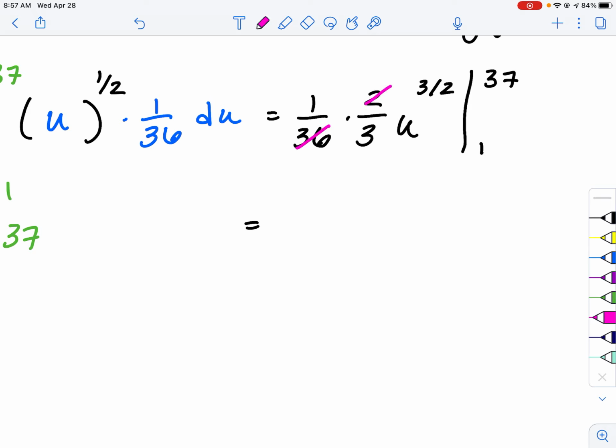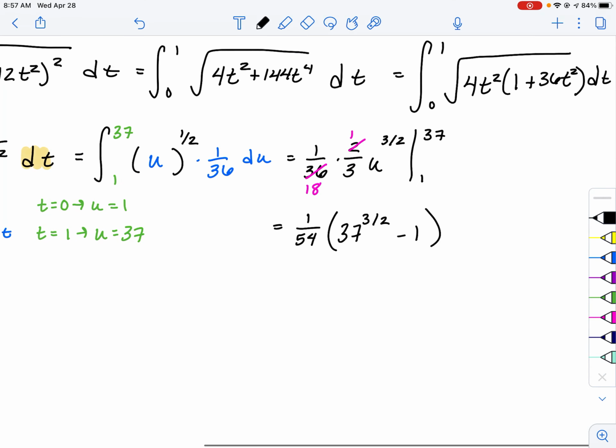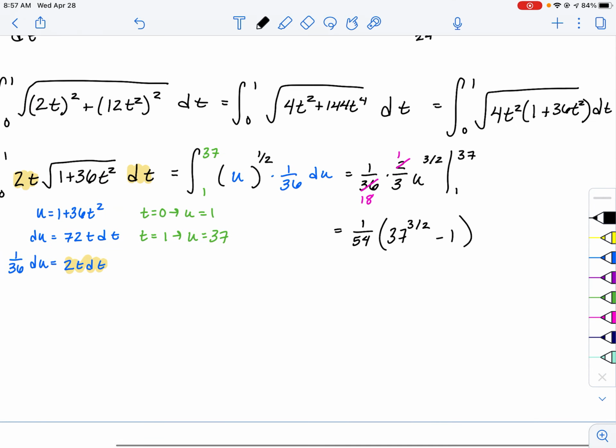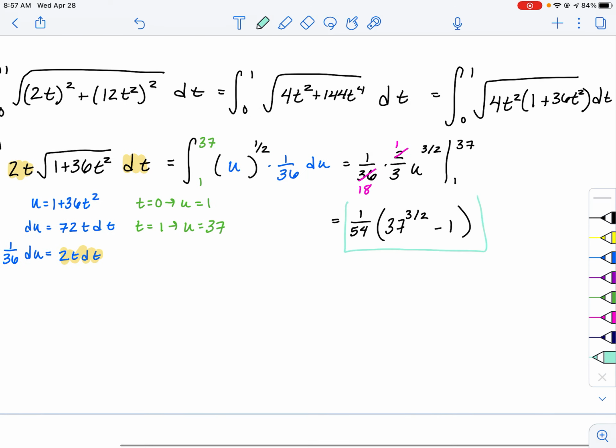That reduces: 2 and 36 becomes 18, and 18 times 3 is 54, so 1/54 times u to the 3/2. That becomes 37 to the 3/2 minus 1. I'm just going to leave it as that, because 37 to the 3/2 is not going to be something super easy to manipulate. So we're just going to leave that as our answer.